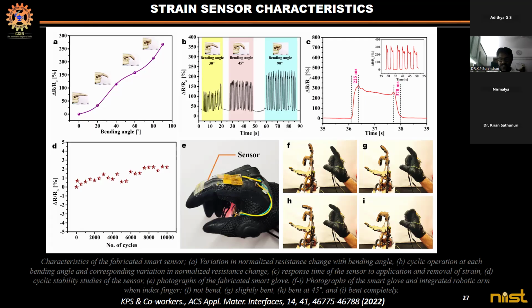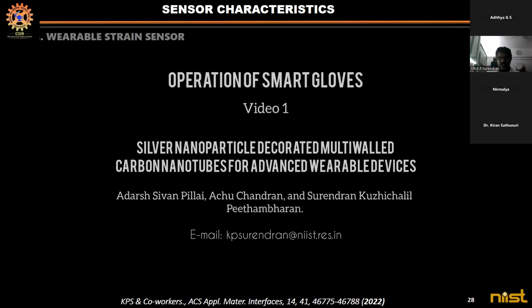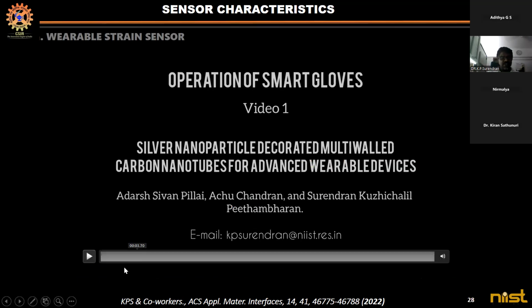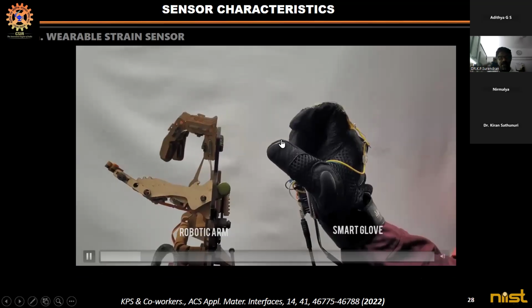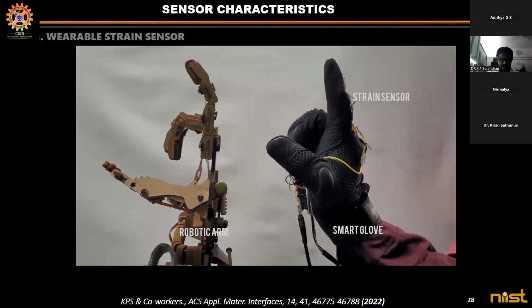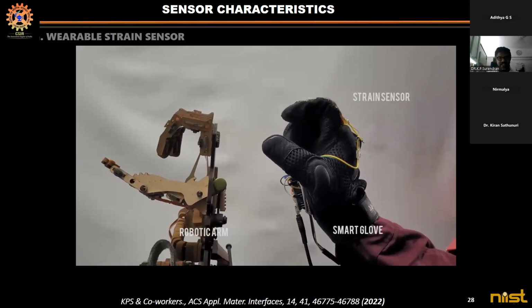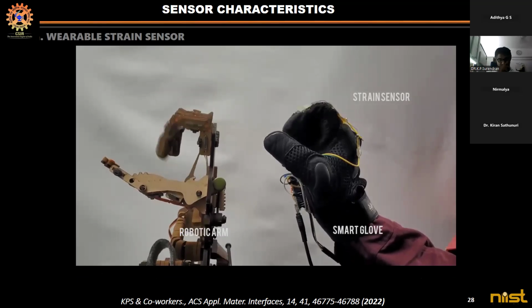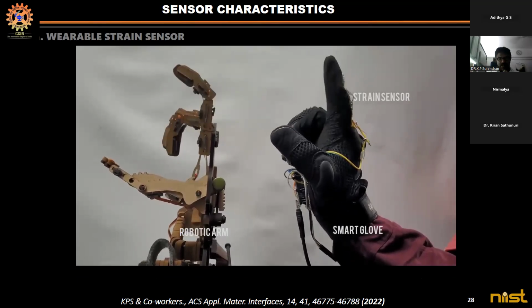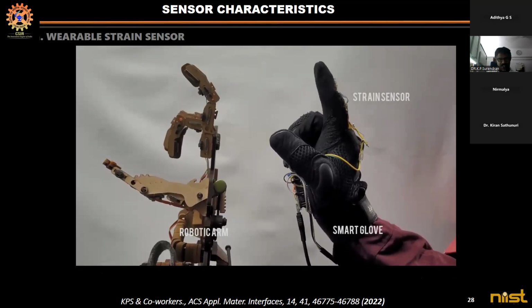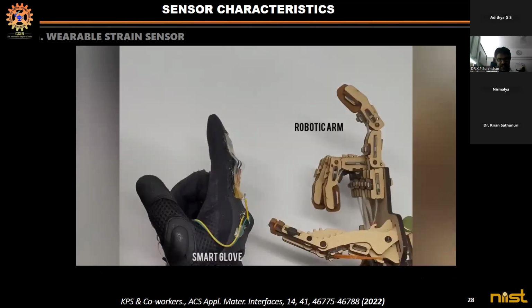What interesting result we have got is, for example, this video will give you an answer. Here, you are bending your arm at different angles, and you can see that your robotic arm responds, though it is not the best robotic arm you see in the market.